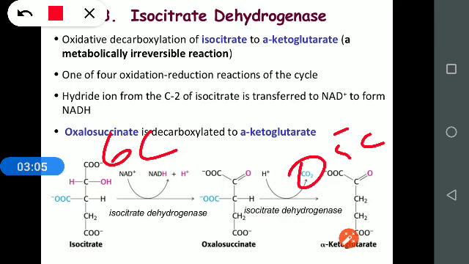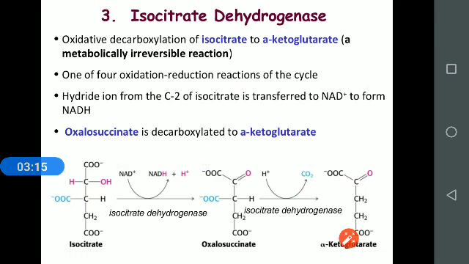Oxidative decarboxylation of isocitrate to alpha ketoglutarate is a metabolically irreversible reaction. This is the irreversible reaction in this pathway where we cannot see a reversible reaction. It is one of the 4 oxidation reduction reactions of the cycle, and this is the first one where oxidation reduction is taking place.